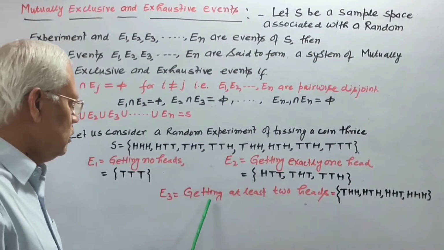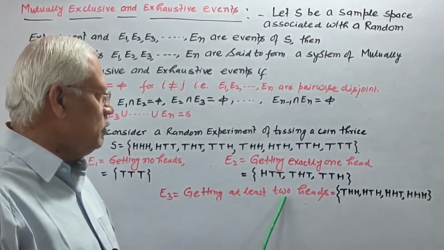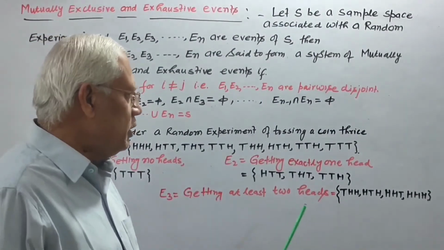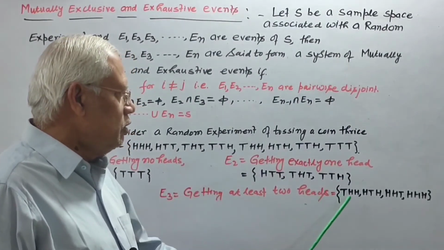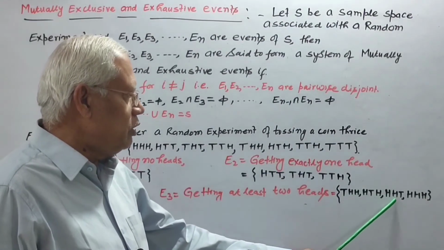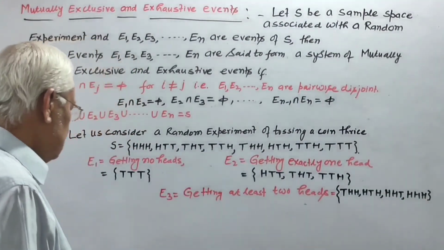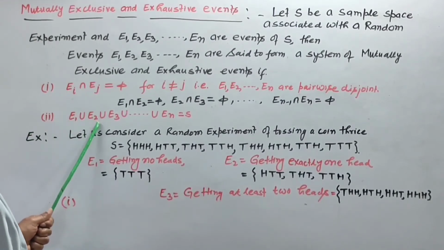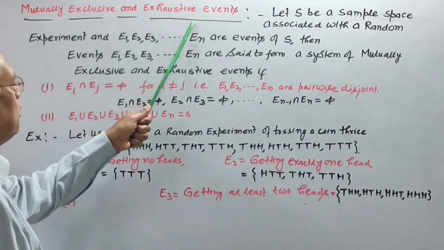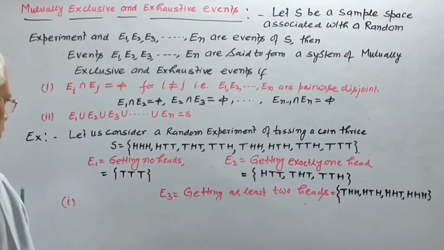And E3 is the event getting at least two heads. At least two heads means two heads and three heads. So I have taken the cases of two heads and three heads. Now we have to verify the two conditions of mutually exclusive and exhaustive events.